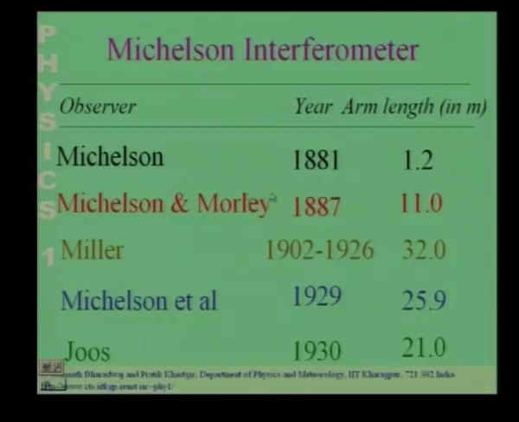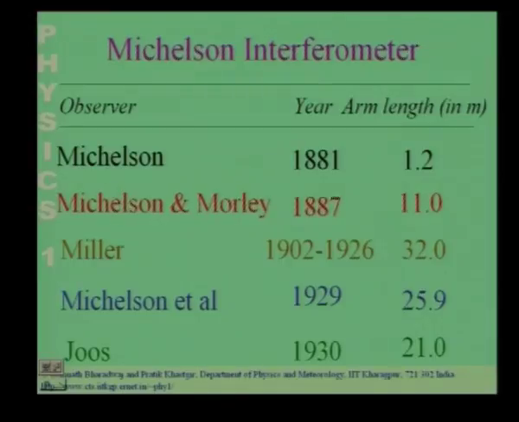This experiment was very interesting, and you may be aware of the great outcome of this experiment. The Michelson and Morley experiment used a Michelson interferometer. This experiment showed us that the speed of light does not change.